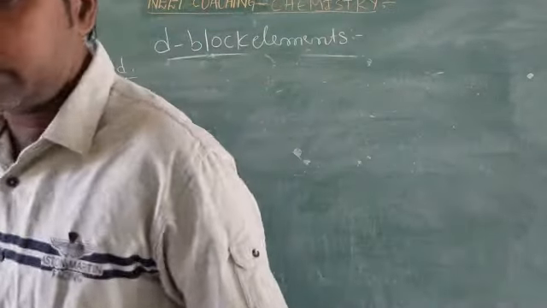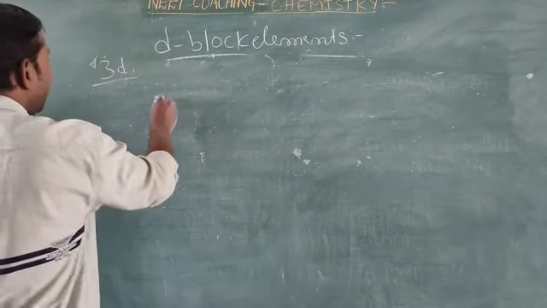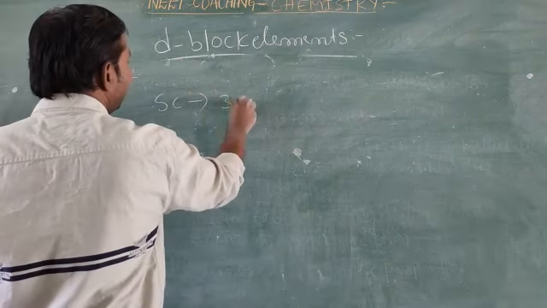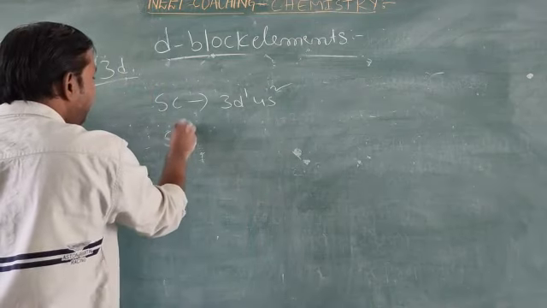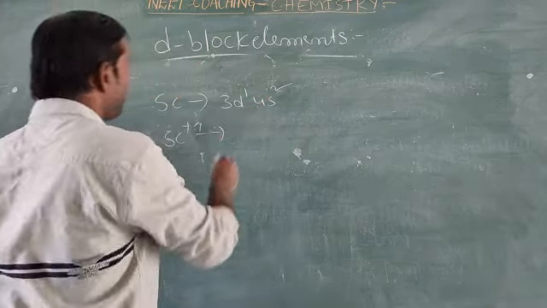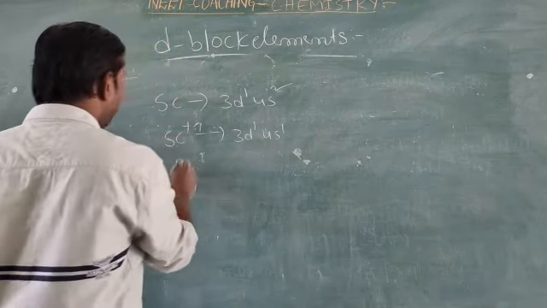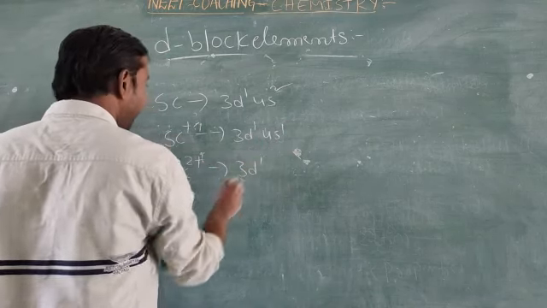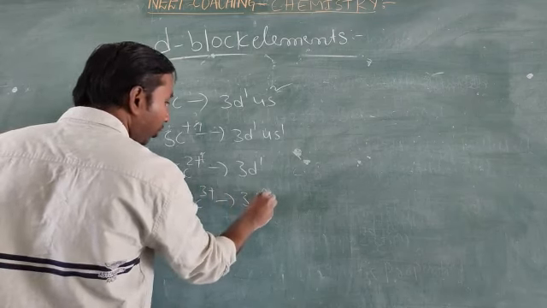Then there is another thing you should know. For example, scandium 3d1 4s2. Scandium plus 1 means an electron is lost from 4s, that means 3d1 4s1. Scandium 2 plus, 3d1. Scandium 3 plus, 3d0.